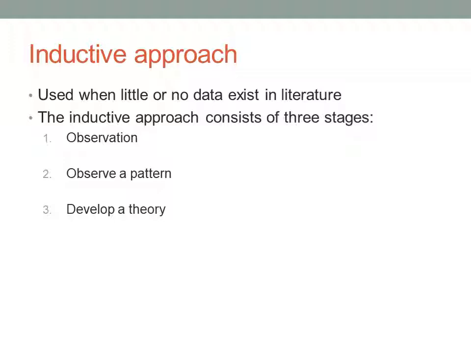So in order to have an inductive approach, there are 3 stages. First one is you should have an observation. Second one, you should have an observation pattern. So this is the data analysis part, to find a pattern in your observations. Third step is, based upon your pattern, you develop a theory.